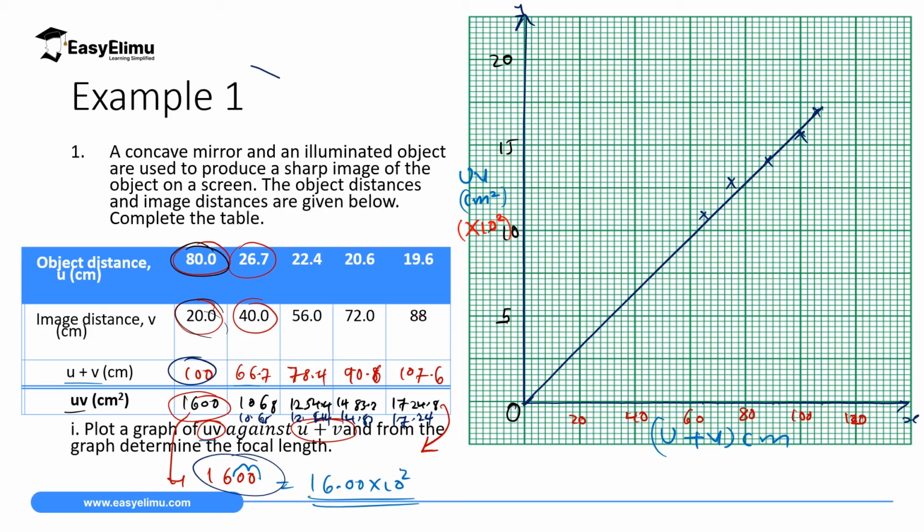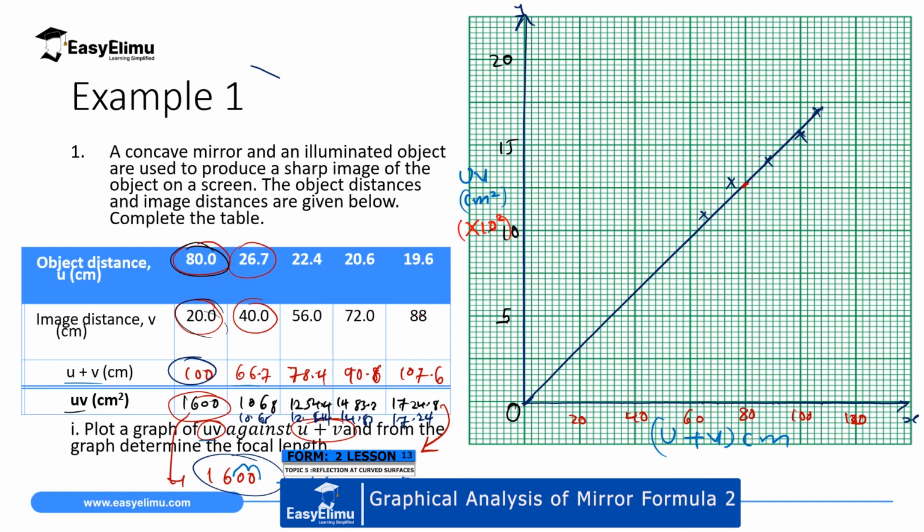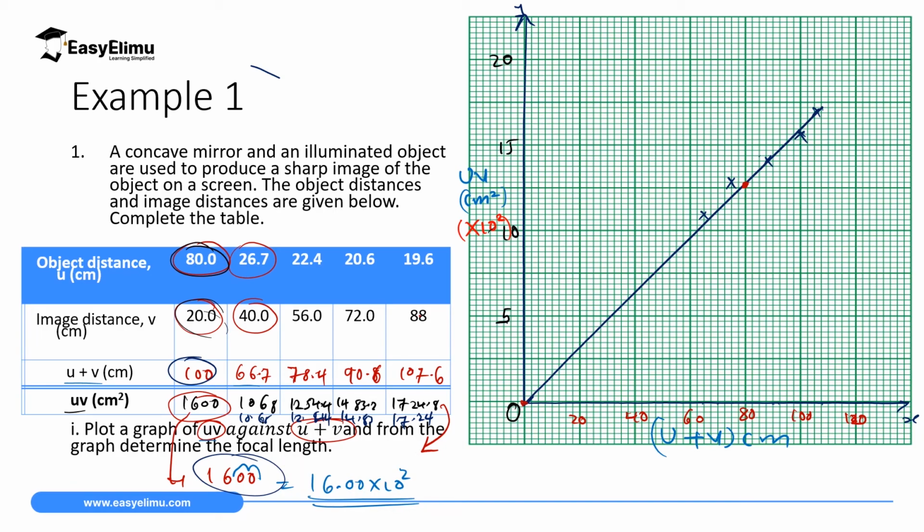Then now after this, we find the gradient. Gradient is change in y over change in x. So in this case, if we take 2 points here, like you can take a point on this graph here, we take this point and then we take 0. That will be very easy for us to find.